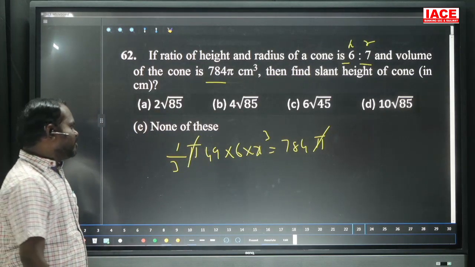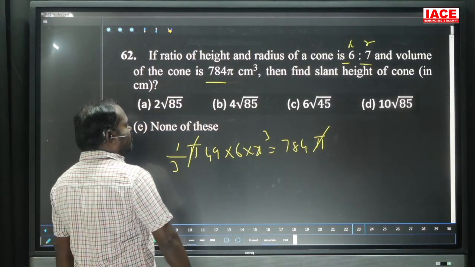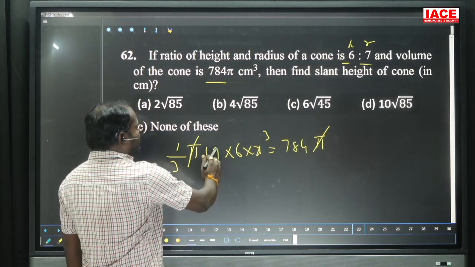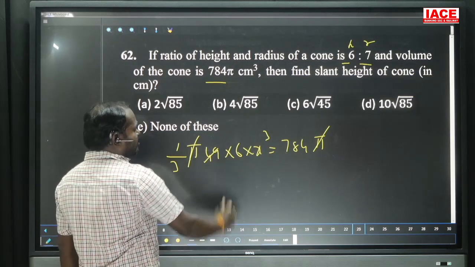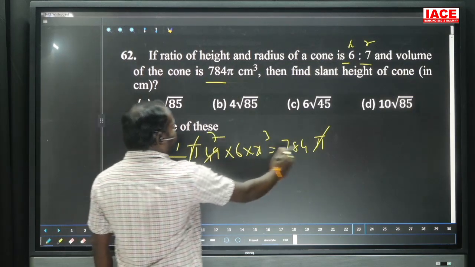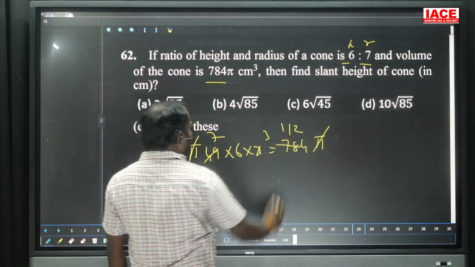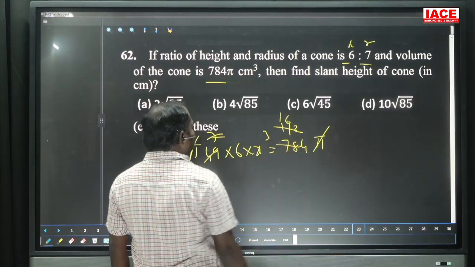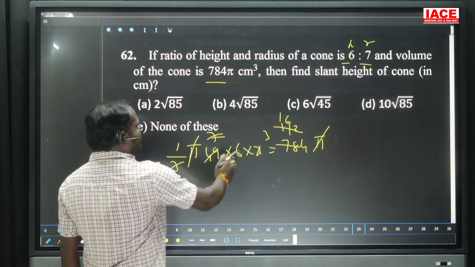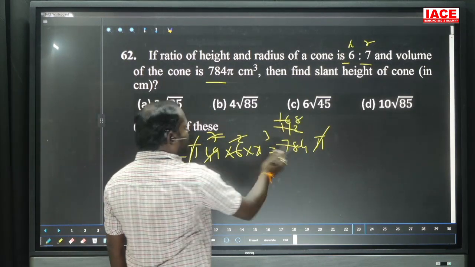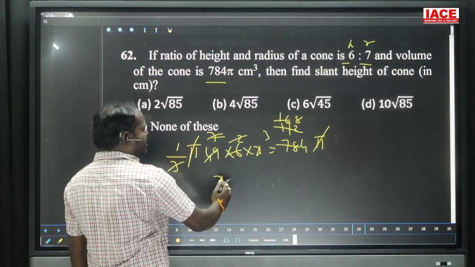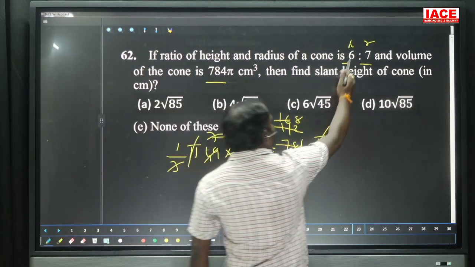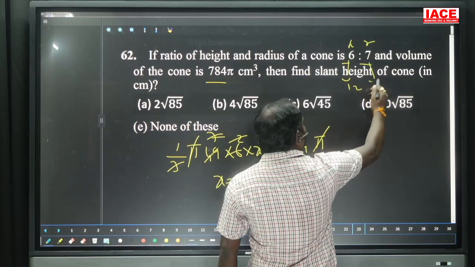Here we can still cancel 49 and 6: 7 ones are 7, 7 twos are 14, 3 twos and 2 eights are 16, so x cube is 8, that is x equals 2. If x is 2, r is 14 and h is 12.